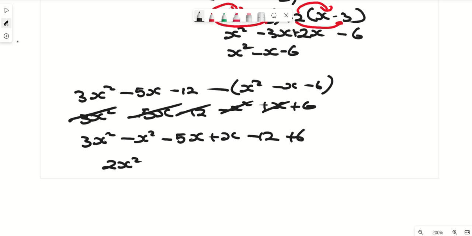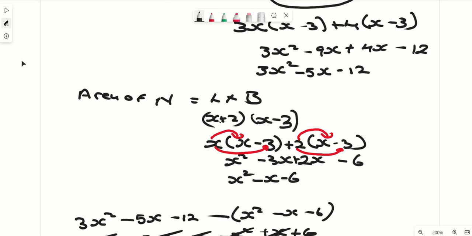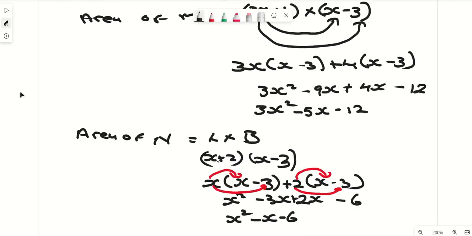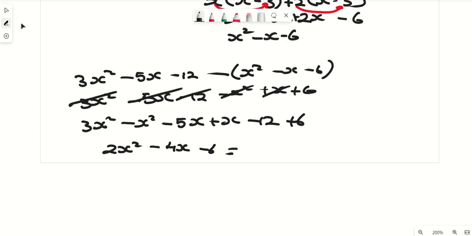Minus 5x plus x would be minus 4x. And then minus 12 plus 6 is equal to minus 6. And this is equal to how much? Let's just check that out. 64. Right, is equal to 64.